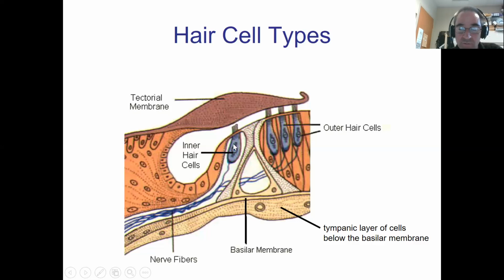The inner hair cells don't do that, but they're along for the ride, and these are the ones that pick up the vibration. 95% of the nerve fibers that come into the brain in the auditory nerve are connected to these inner hair cells. So their main job is to convert the vibration into an electrical signal and then a neural signal. And the outer ones have some similarities in the way that they work, but their job is to enhance the vibration actively.